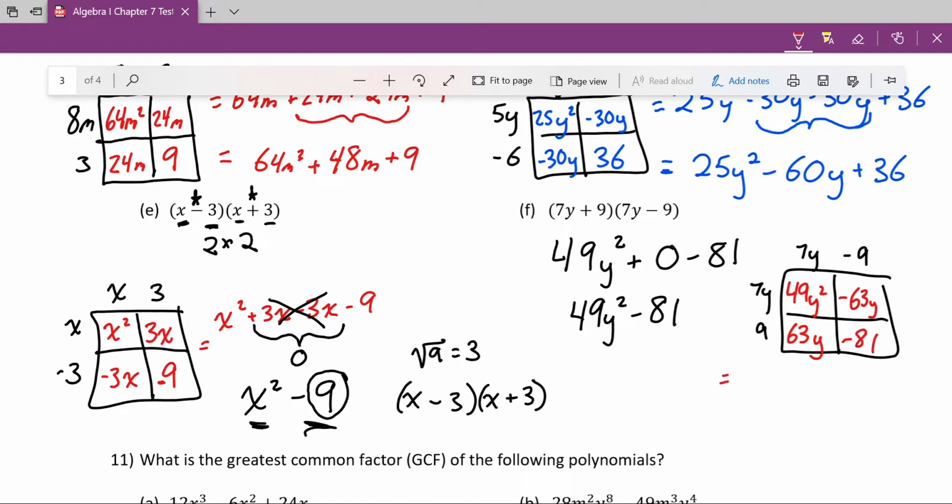Again, I'm going to write this out. 49y squared minus 63y plus 63y minus 81. And notice, if I combine my like terms right here, negative 63y plus 63y is 0. So I can bring down the 49y squared and the negative 81.